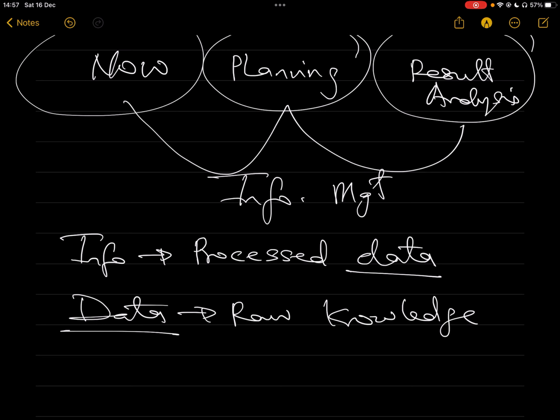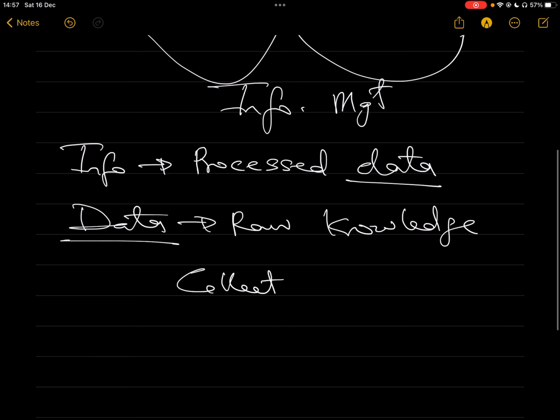But when those raw data, raw alphabet and characters and numbers in their dirty, unusable forms, you now decide to collect them, you collect them. After collecting them, you process them. Then, if you like, you can store them or you use them.